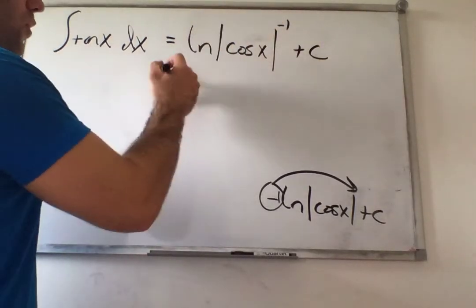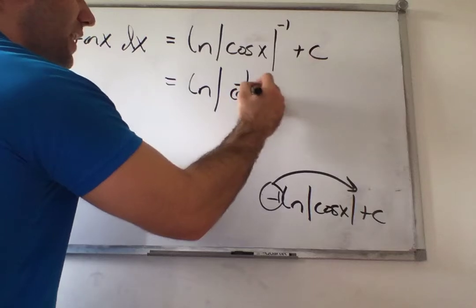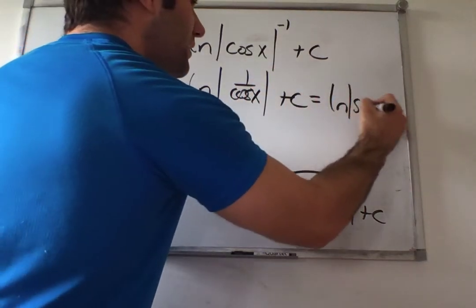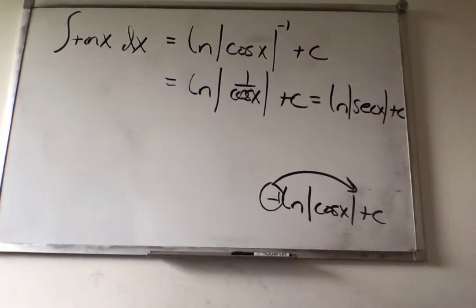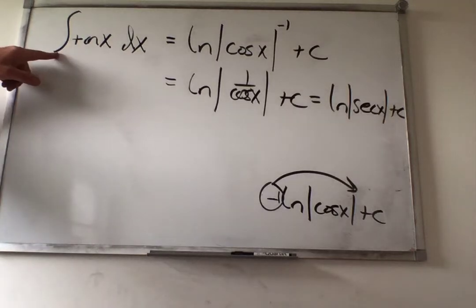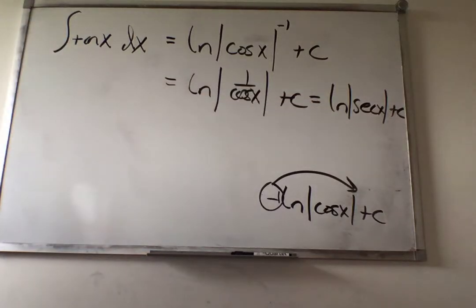This is the 1 over cosine, so you get ln of 1 over cosine x plus c, which is ln of secant x plus c. So the integral of tangent x is ln of secant x.